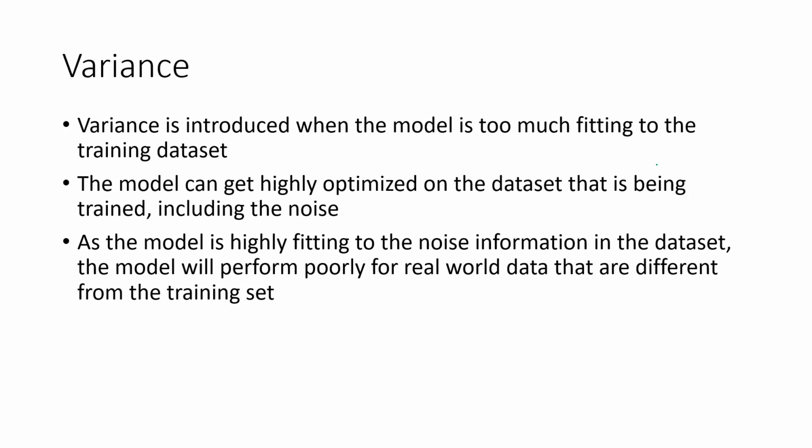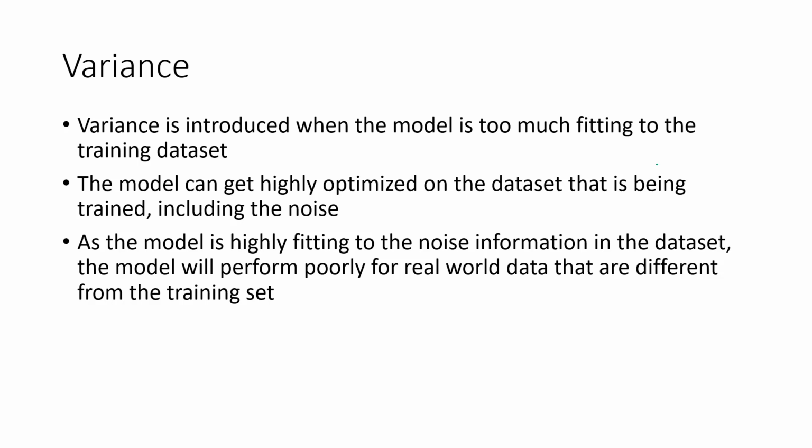And the problem caused by the variance is due to the noise in the data, right? If there is no noise in the data, then there won't be a problem with variance. But in all cases in the real world, there is noise in the data.